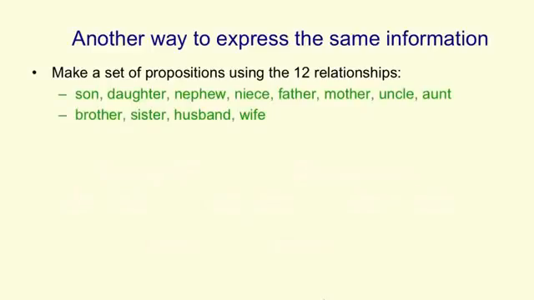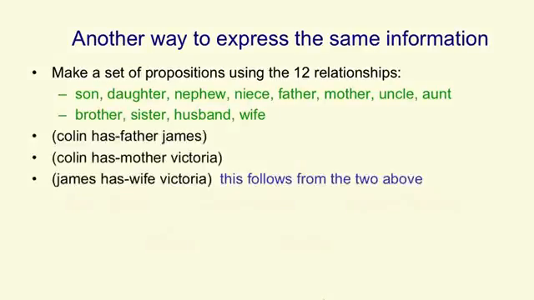The information in these family trees can be expressed as a set of propositions if we make up names for the relationships depicted by the trees. So we're going to use the relationships son, daughter, nephew, niece, father, mother, uncle, aunt, brother, sister, and husband, wife.